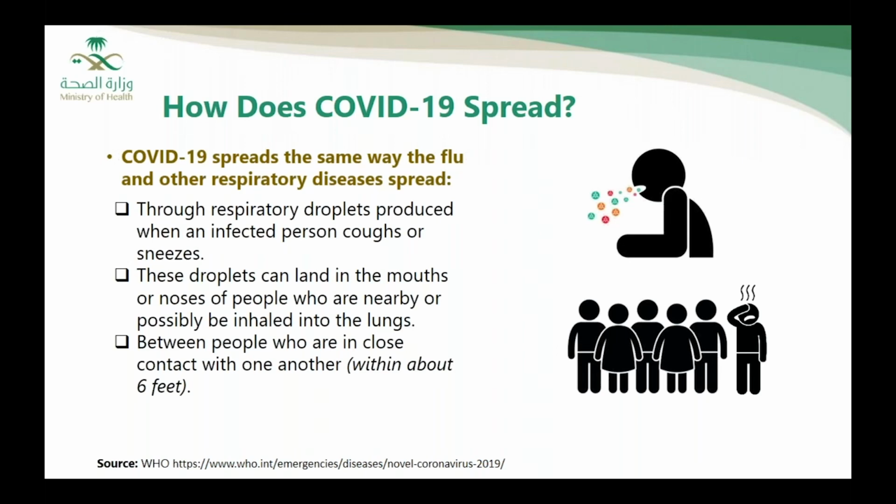These droplets can land in the mouth or nose of people who are nearby or possibly be inhaled into the lung, between people who are in close contact with one another, within about 6 feet.